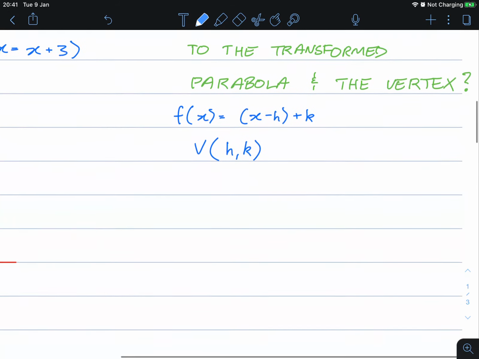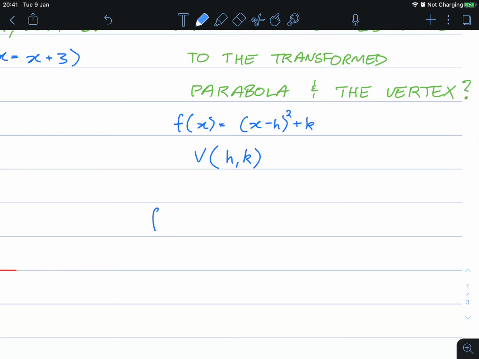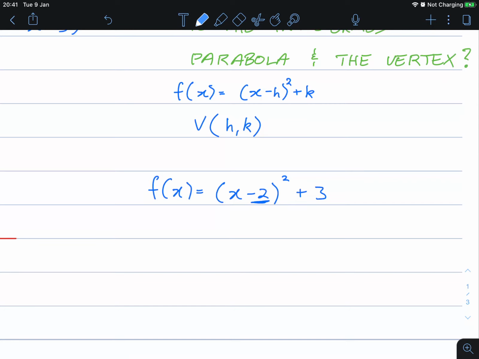For example, if we had the function f of x is equal to x minus 2 squared plus 3, our h value here is 2, so our vertex will be at 2, and our k value is 3, so it's going to be 2, 3.